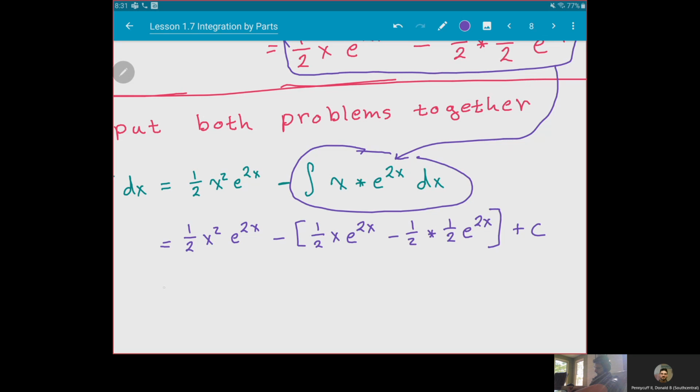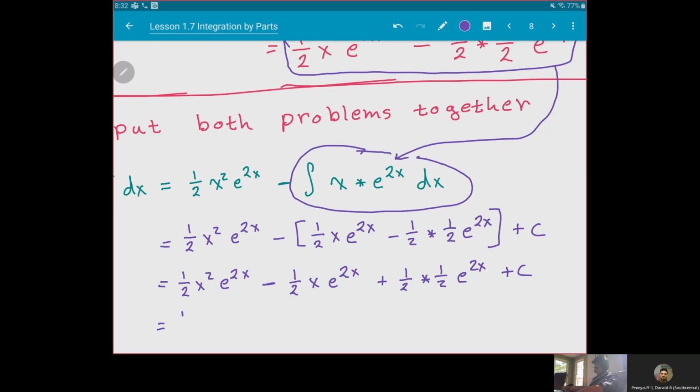Okay, and so that's going to give me 1/2 x squared e to the 2x. Let's distribute that, minus 1/2 x e to the 2x plus 1/2 times 1/2 e to the 2x plus c. And so let's factor out my pieces here.